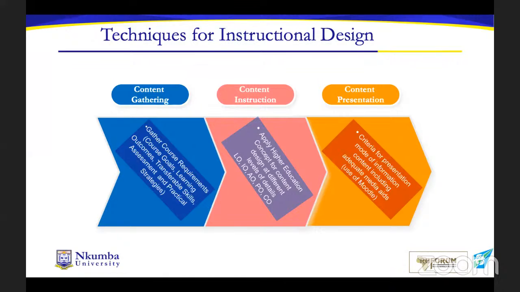The content which stems from the actual curricula. Because otherwise, when you go into the actual instruction and you don't have content, you'll not be doing anything. So do we have that with us? Once you have all that, which is well linked to the curricula, then you embed instruction within the content.